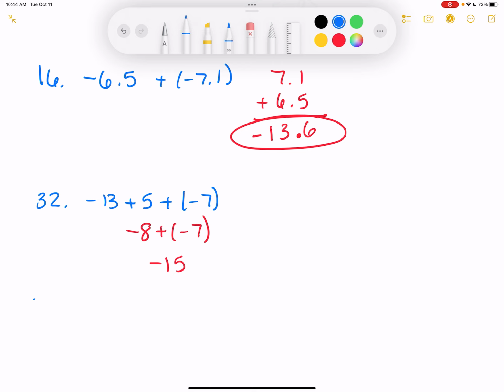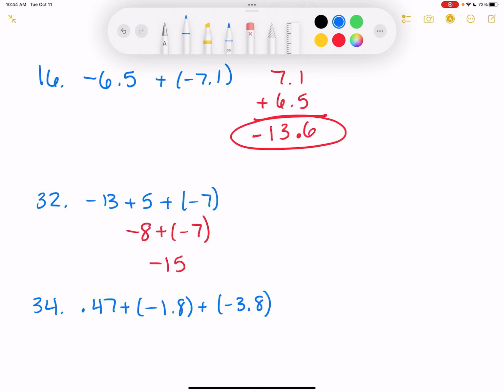All right, 34. Oh, they're giving us some decimals in this one. 0.47 plus negative 1.8 plus negative 3.8. Now, for this one, I might retract my previous statement about always going left to right, okay?